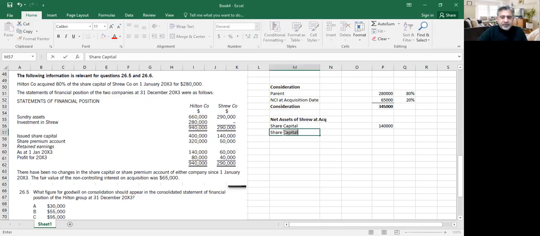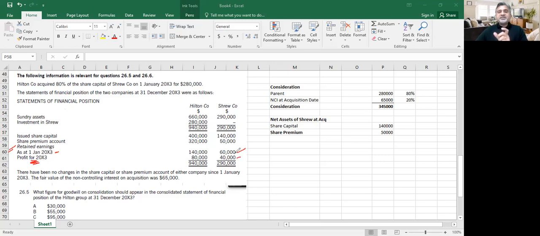There is some share premium, which is 50,000. And then they show you two things. They tell you that retained earnings on 1st January were 60,000 and profit for the year is 40,000. So on 31st December, total retained earnings are 100,000.